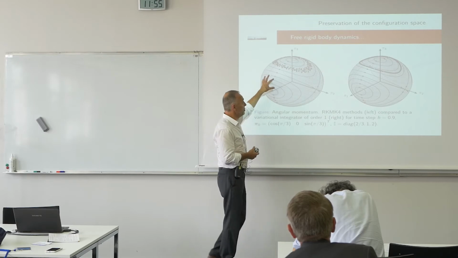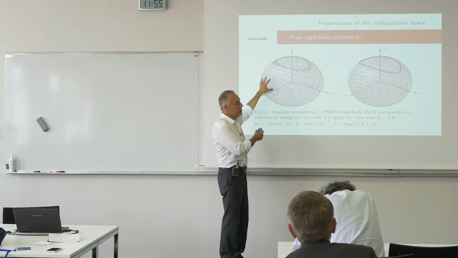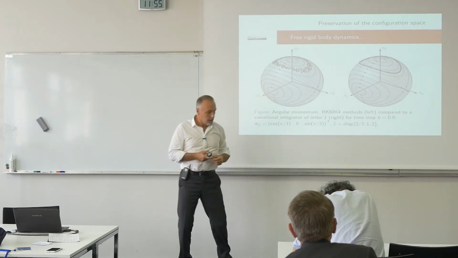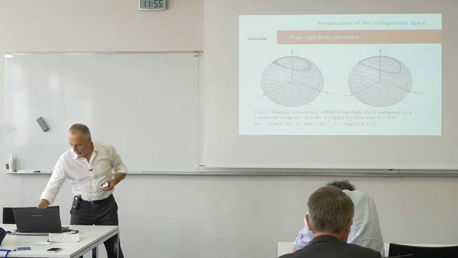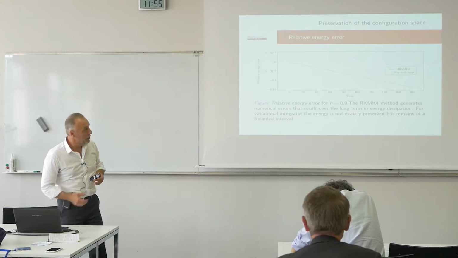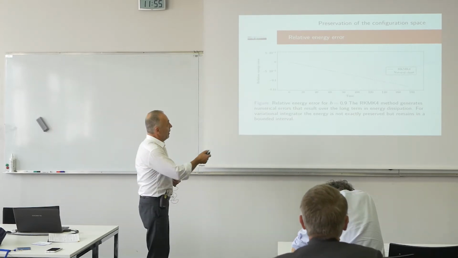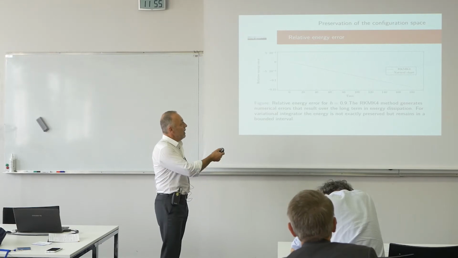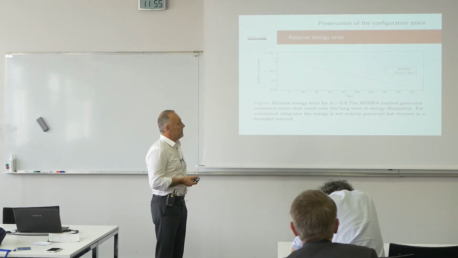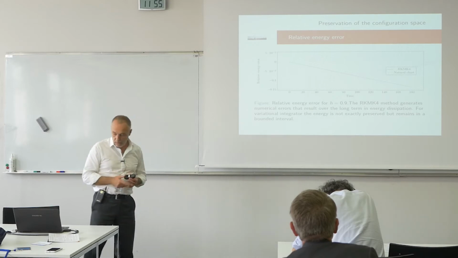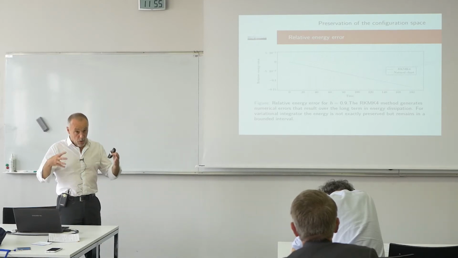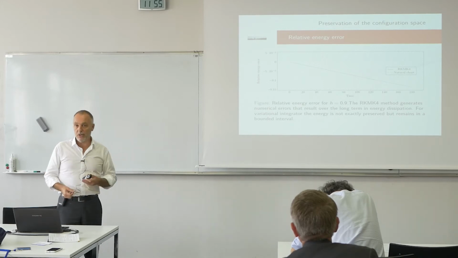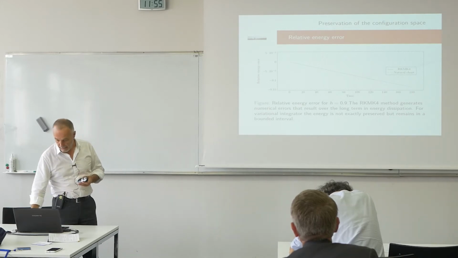As you can see, you stay in a manifold, which is represented by the sphere, but you make some error, and mostly in the energy. The energy is not conserved with the RK-MK methods. So we have now preserved the configuration space, but some things are missing.